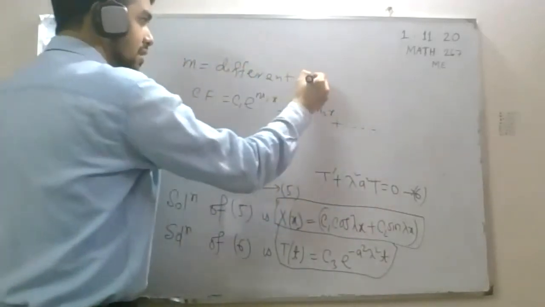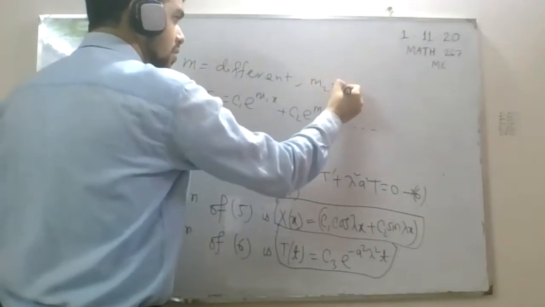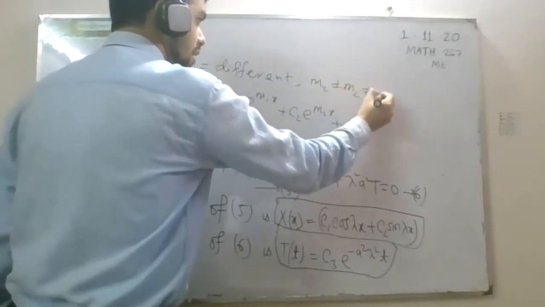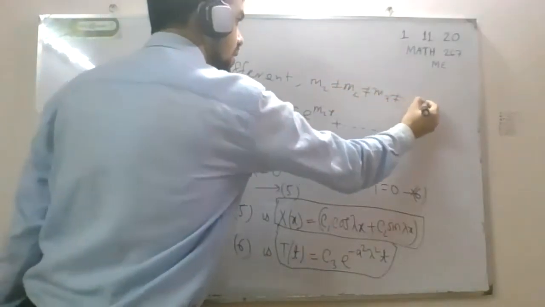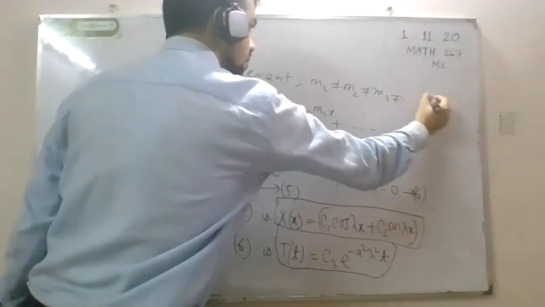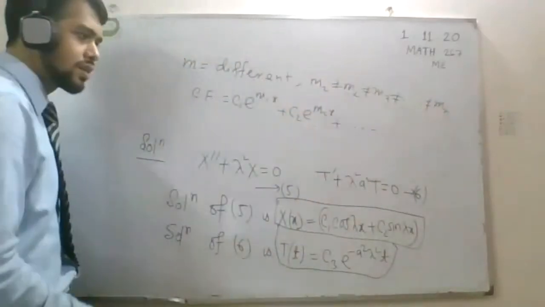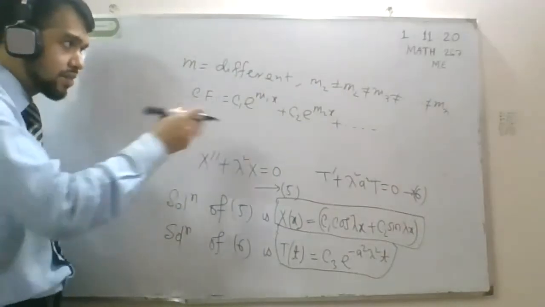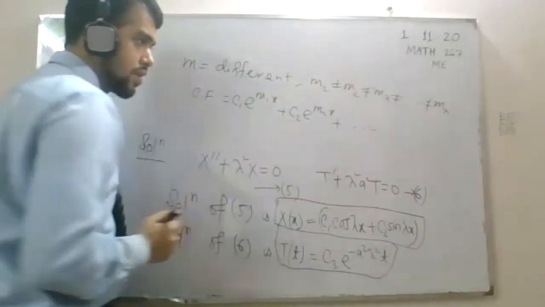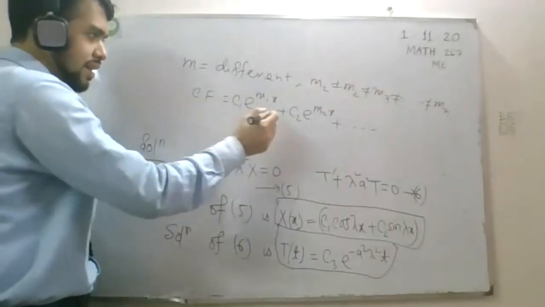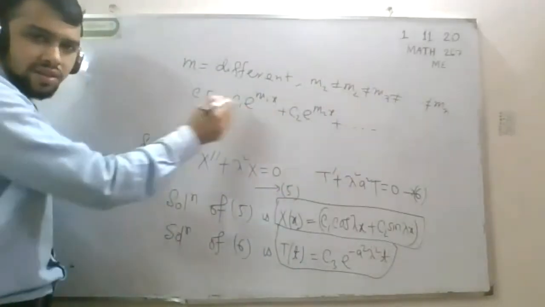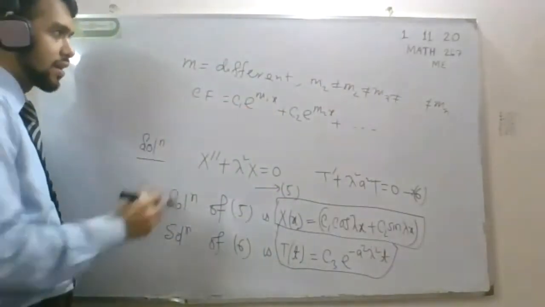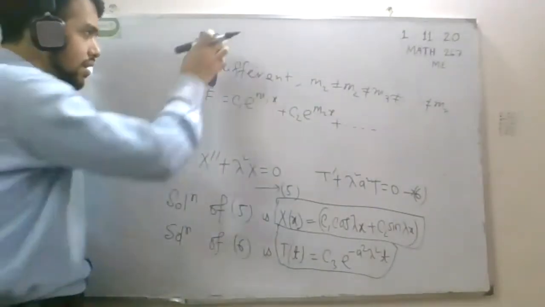So that means m1 is not equal to m2 not equal to m3 up to mn. Okay, that means all the roots are different. So auxiliary equation বের করার পর যদি roots গুলো তোমাদের different হয়, then you can write your complementary function like that.